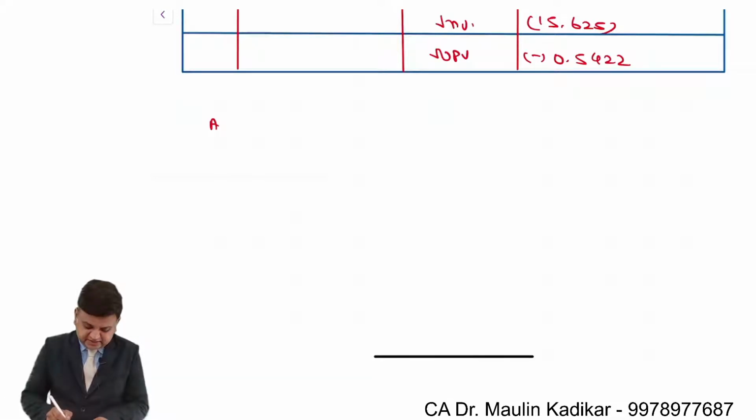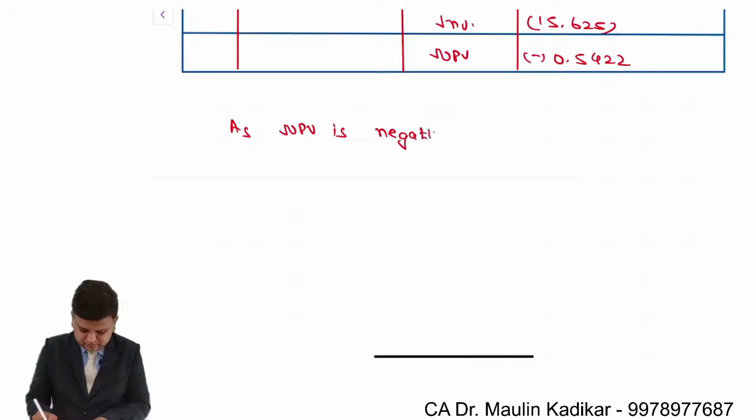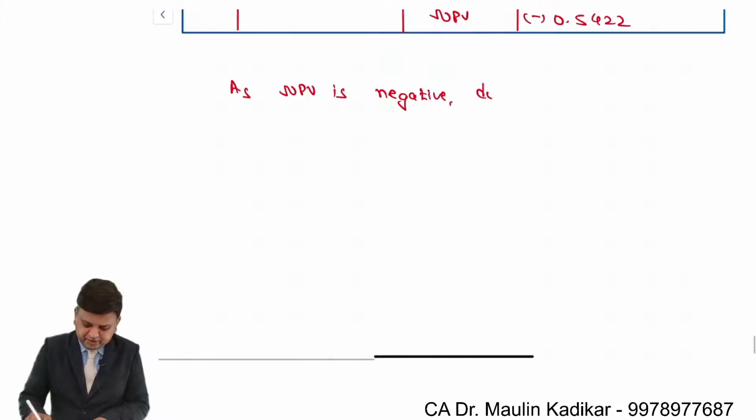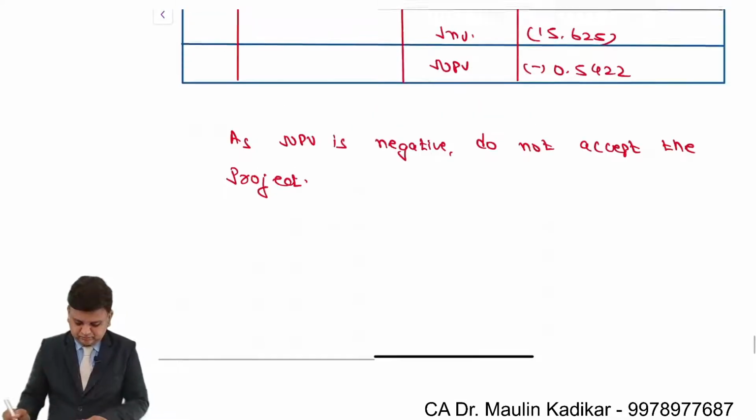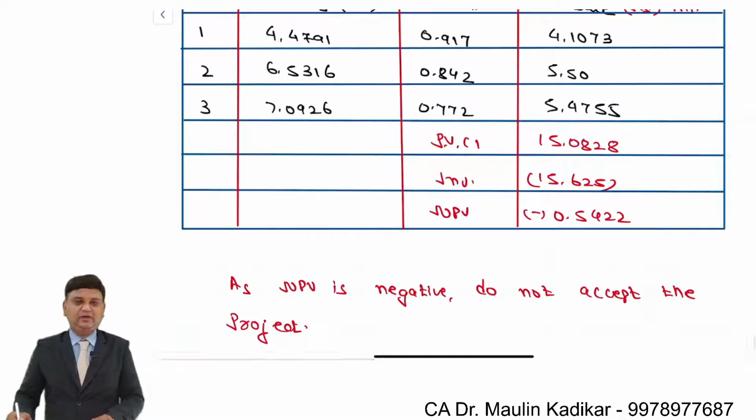Final answer is, as NPV is negative, comma, do not accept the project. This is the way we are required to write the answer.